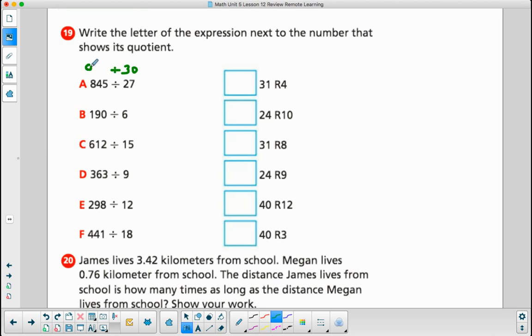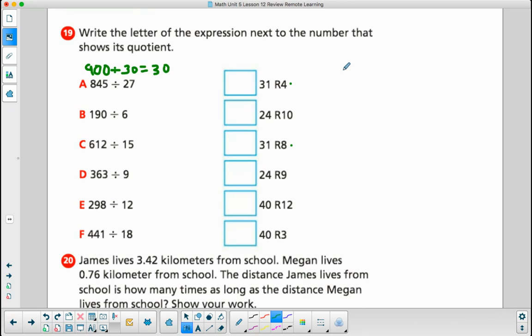So I'm going to round or adjust 845 to 900. 900 divided by 30 equals 30. So my answer is going to be close to 30. It's going to be one of these two quotients. So it's going to be 31 probably.